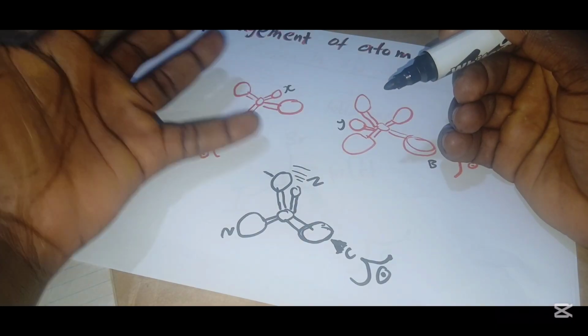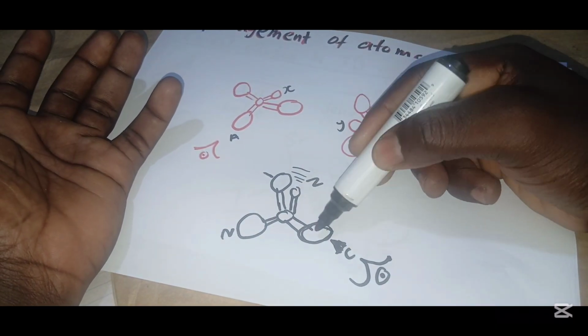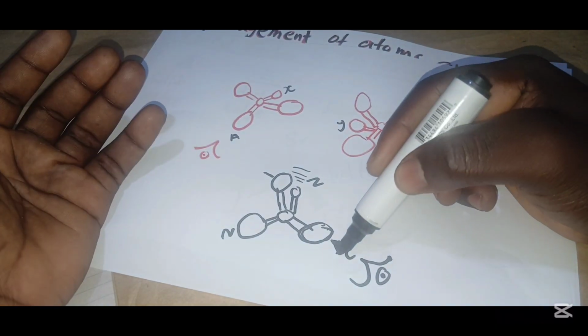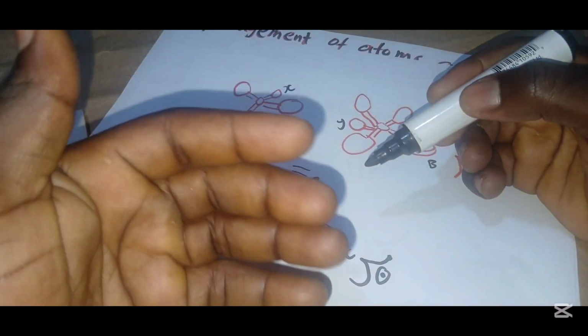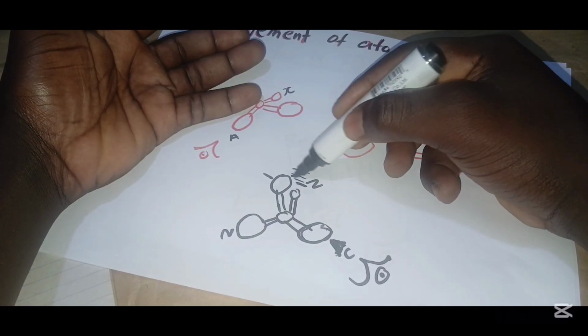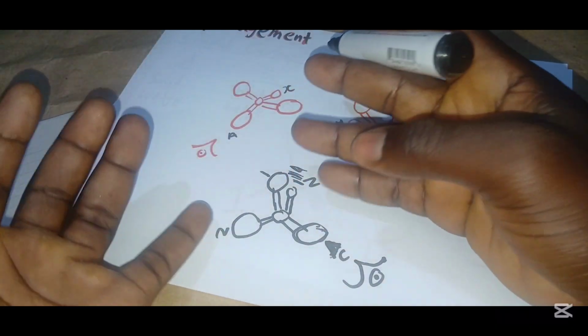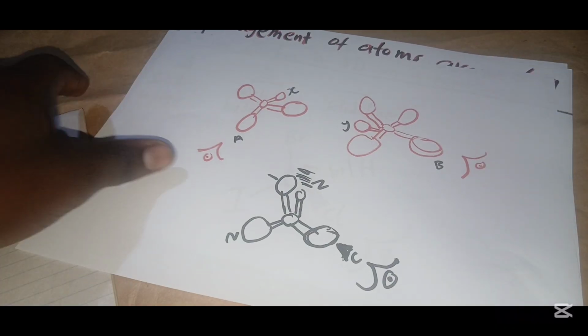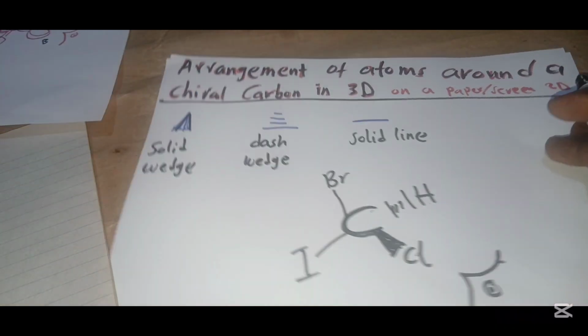So towards the observer should be on the solid wedge, and away from the observer should be on the dash wedge. And those atoms which are just in plane are represented by the solid line.